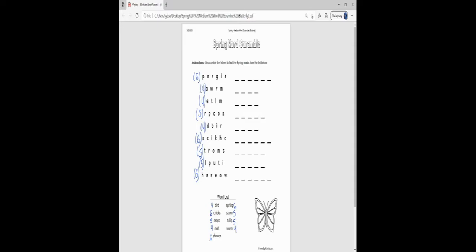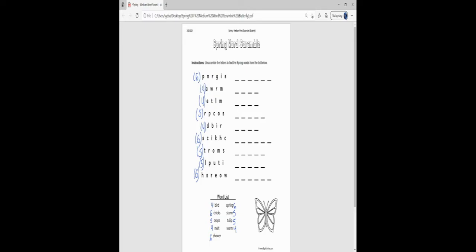It has 4 letters. Let's see. How about tulip? Do you think tulip is the first word? No? How about the word spring? You're right. They each have 6 letters. Let's see if that could be our word.